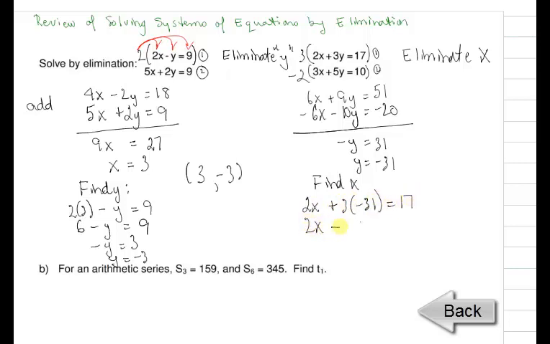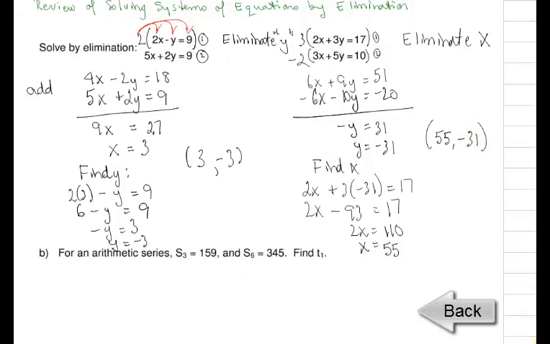So 2x minus 93 equals 17. So 2x equals 110, sorry. And divide by 2 gives me 55. So my solution for the second question is 55 and negative 31.